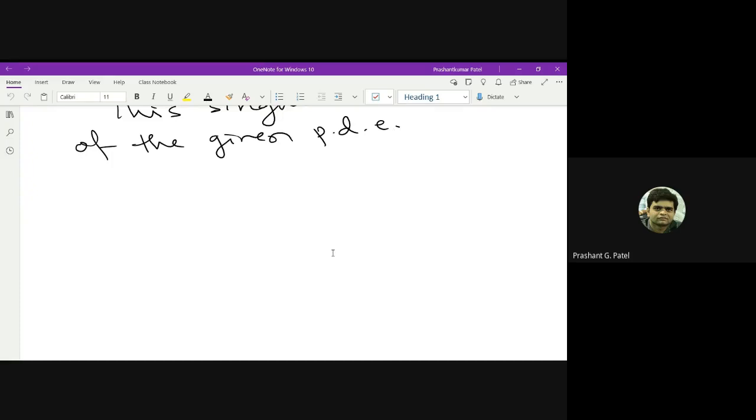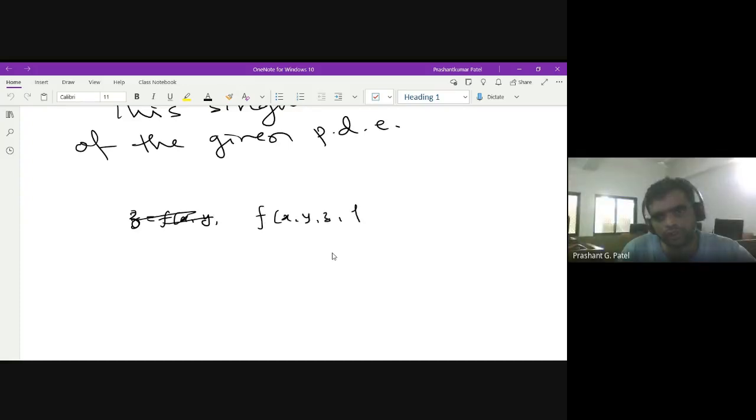So for the complete integral, if the differential equation is f of x, y, z, p, q equal to 0, and its solution is z equal to capital F of x, y, a, b, which is a two parameter family of surfaces.